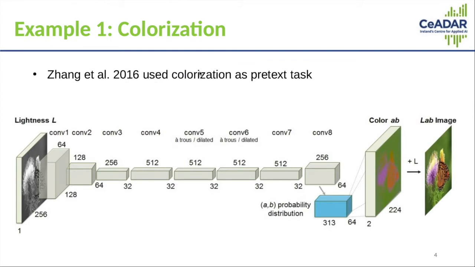One example of these ideas being used in practice was a paper published by researchers at Berkeley in 2016, and they used automatic image colorization as a pretext task to learn features.